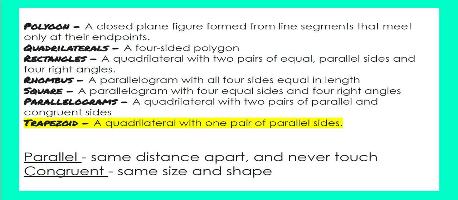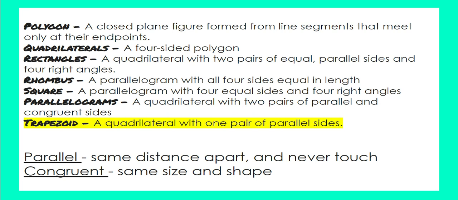A rectangle, which is a quadrilateral with 2 pairs of equal parallel sides and 4 right angles. A rhombus, which is a parallelogram with all 4 sides equal in length. A square, which is a parallelogram with 4 equal sides and 4 right angles. A parallelogram, which is a quadrilateral with 2 pairs of parallel and congruent sides.